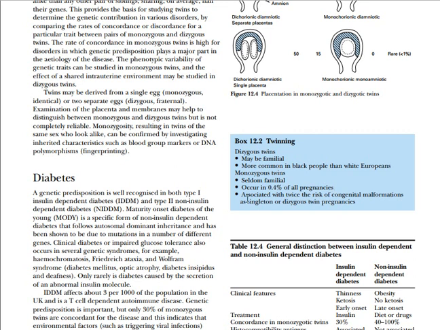It is associated with twice the risk of congenital malformation than a singleton or a dizygote twin pregnancy. So this monozygote twin is more of a pathology than a normal physiological condition in pregnancy.